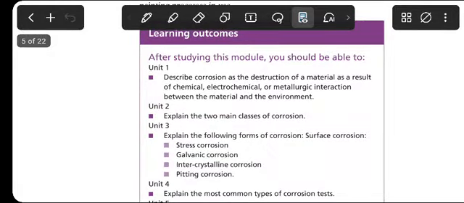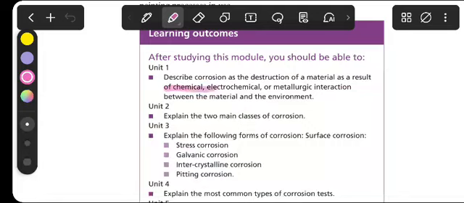After studying this module, you should be able to, in Unit 1, describe corrosion as the destruction of material as a result of chemical, electrochemical, or metallurgical interaction between the material and the environment. Unit 2, you will explain the two main classes of corrosion. Unit 3, you should be able to explain the following terms: surface corrosion, stress corrosion.